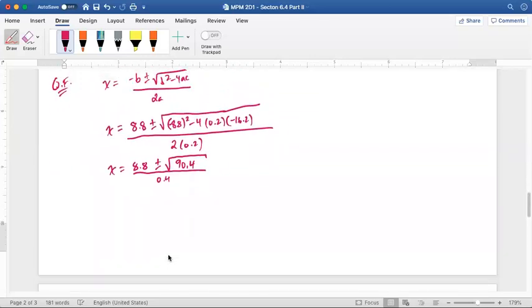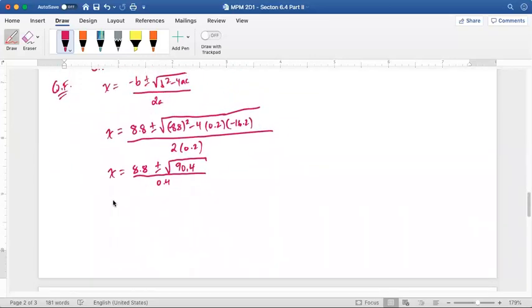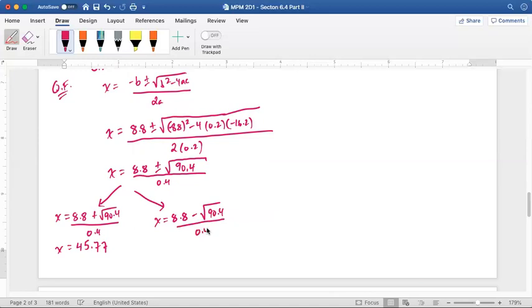So when we work that out, we're going to get one of two solutions. x is 8.8 plus root 90.4 over 0.4, which is going to give us 45.77. And the other answer is 8.8 minus root 90.4 all over 0.4, which is going to give us negative 1.77.